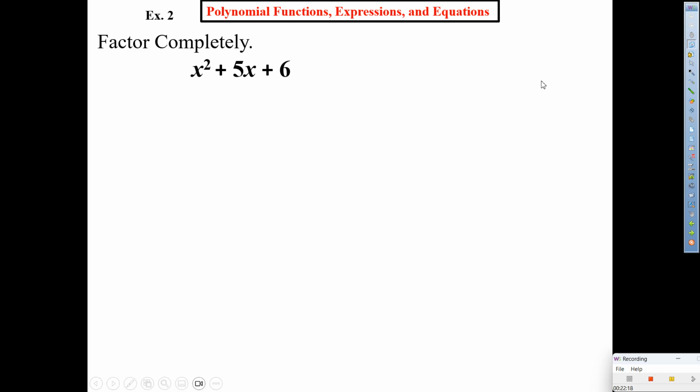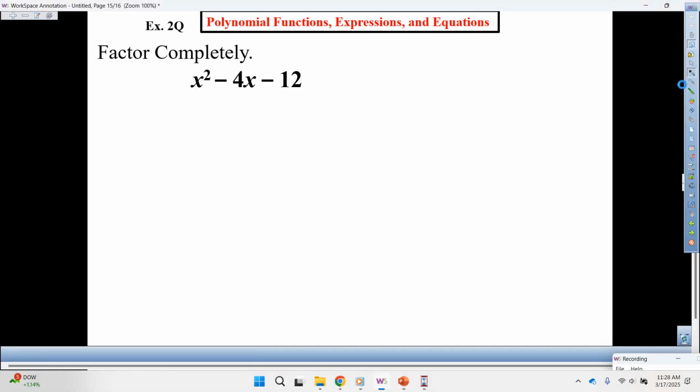Copy this next one. Example 2Q. X squared minus 4x minus 12. All right, check with the neighbors, see what they got. Should be almost done.